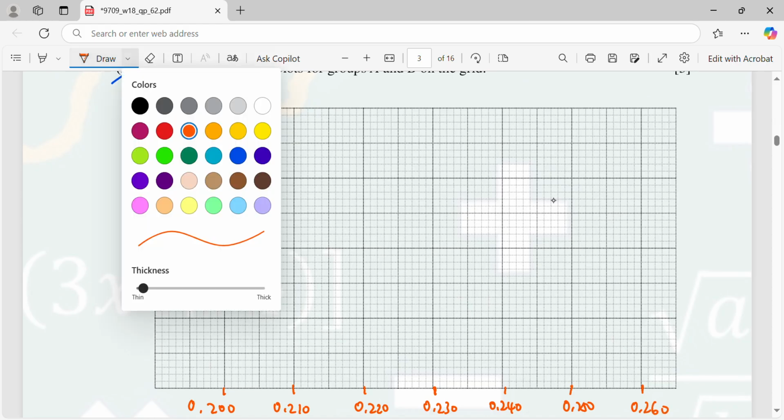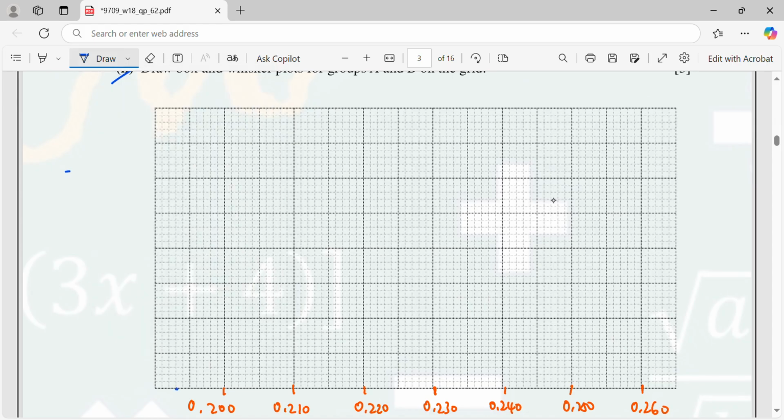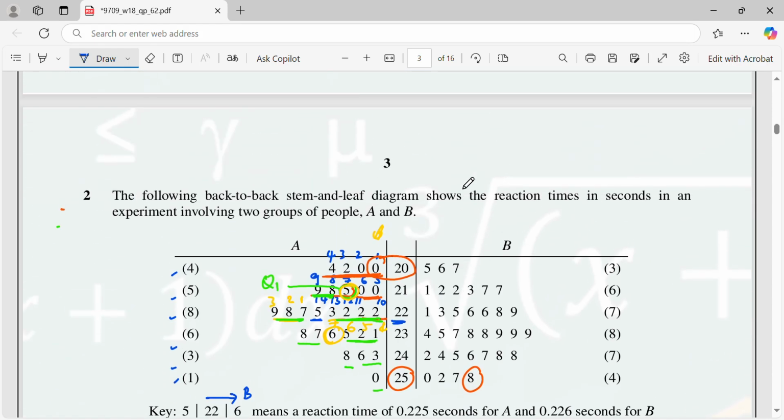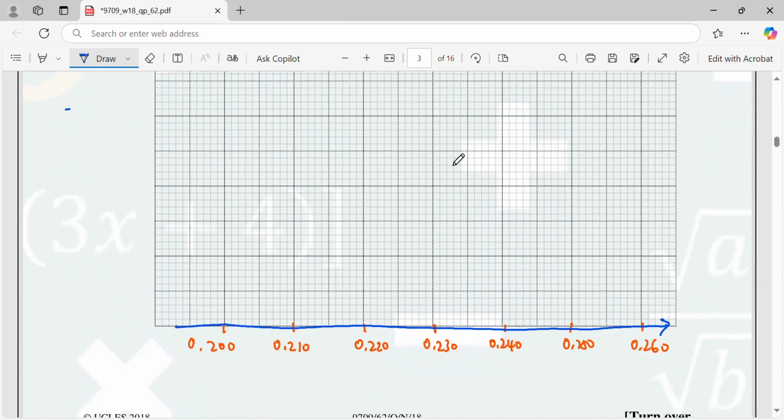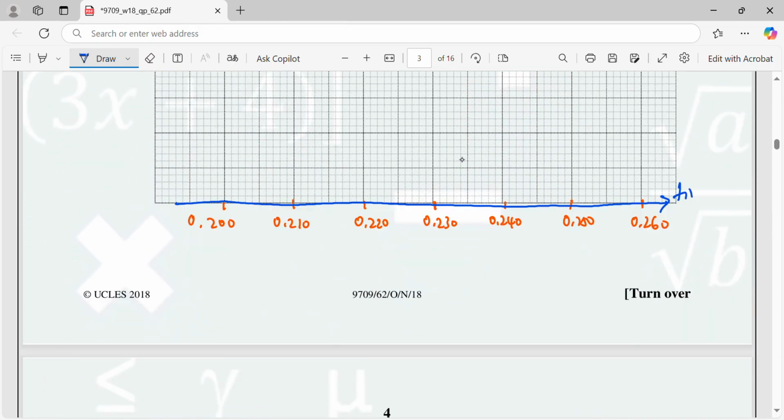Okay, so just draw the line here first. This will be the reaction time in seconds. So here I will write time in seconds.